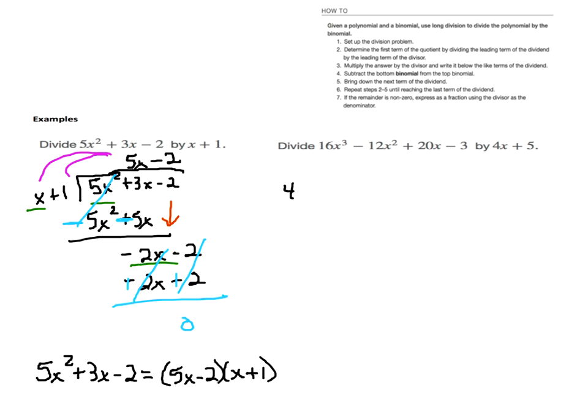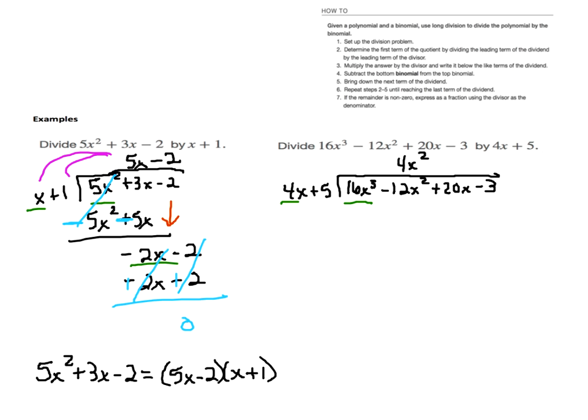Okay, let's move to the next one. 4x plus 5 into 16x cubed minus 12x squared plus 20x minus 3. 4x would need to be multiplied by 4x squared to make 16x cubed. So I was focusing on my first terms there.